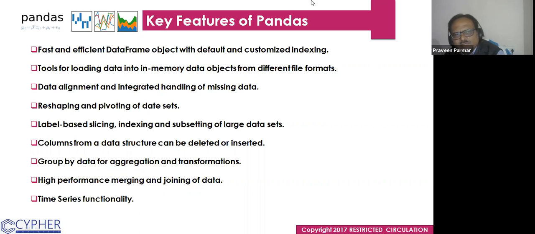Reshaping, pivoting the data sets, label-based slicing, indexing, subsetting of large data sets, columns from a data structure can be deleted or inserted. Group by data or aggregation and transformation we could do here. High performance merging and joining of data, time series functionality, we could do all these things in Pandas.